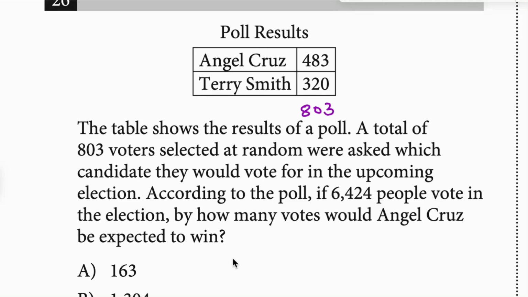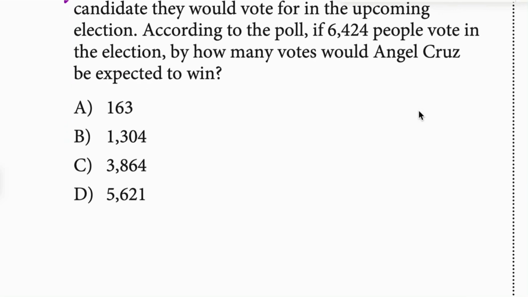Now, this is a question of ratios. The total voters selected are 803, right. Cruz is getting 483 and Smith is getting 320. That means Cruz is winning by 483 minus 320, which is 163. So if I apply the ratio concept here, that is win over total, I am going to take this ratio.